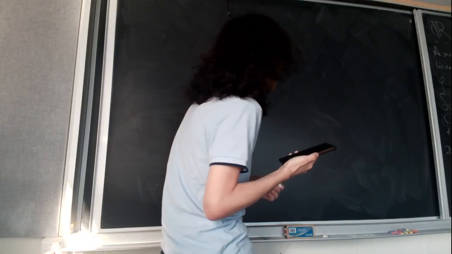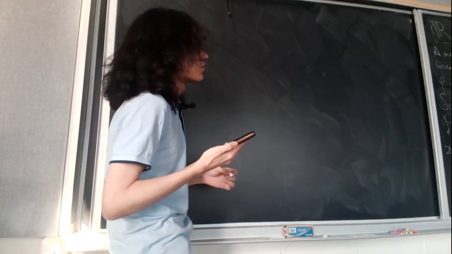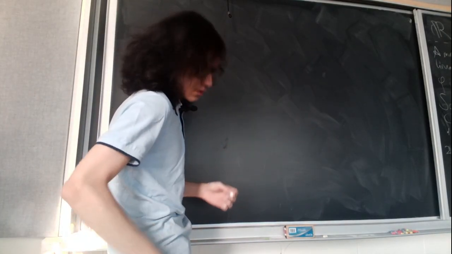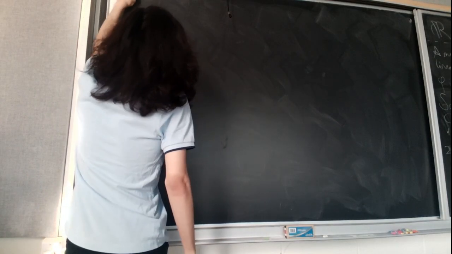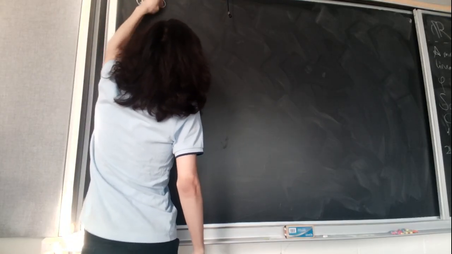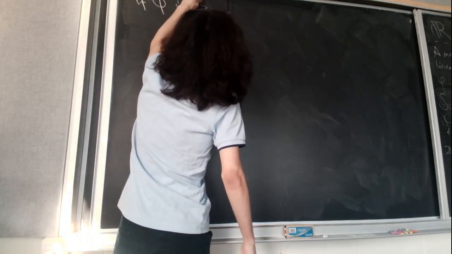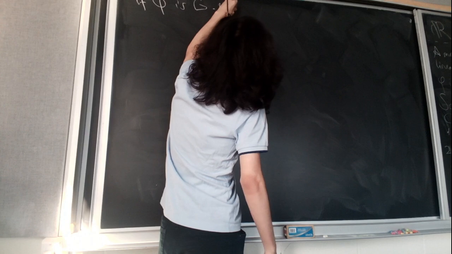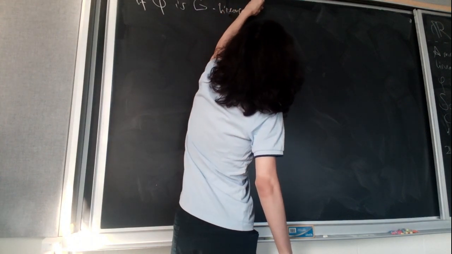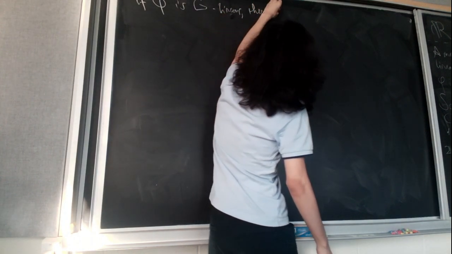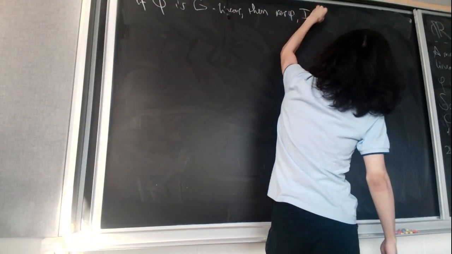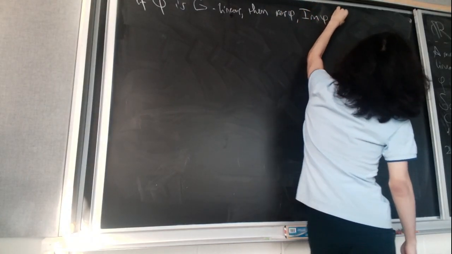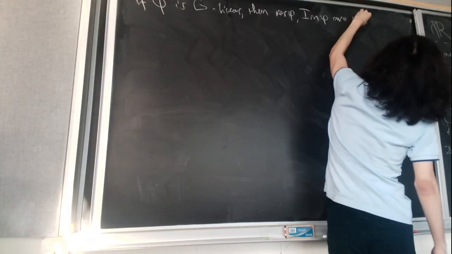So first of all, observe, and this is true just in general, that if phi is G-linear, then the kernel of phi and the image of phi are subrepresentations.